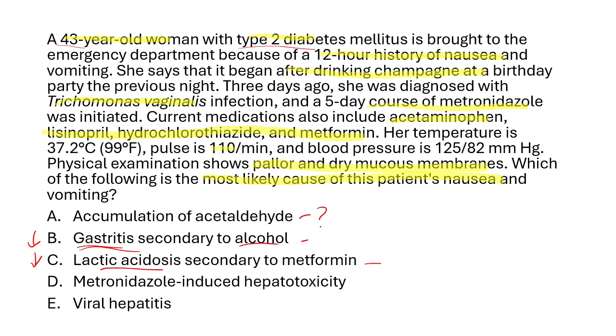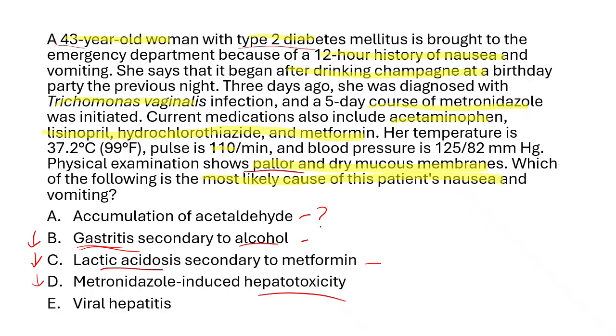D, okay, metronidazole-induced hepatotoxicity. I don't even know if this is a side effect of metronidazole, so I couldn't rule it out. But with hepatotoxicity, instead of pallor I'd probably expect jaundice in that individual. If there was a hepatotoxic picture going on without jaundice, that seems a little abnormal to me.